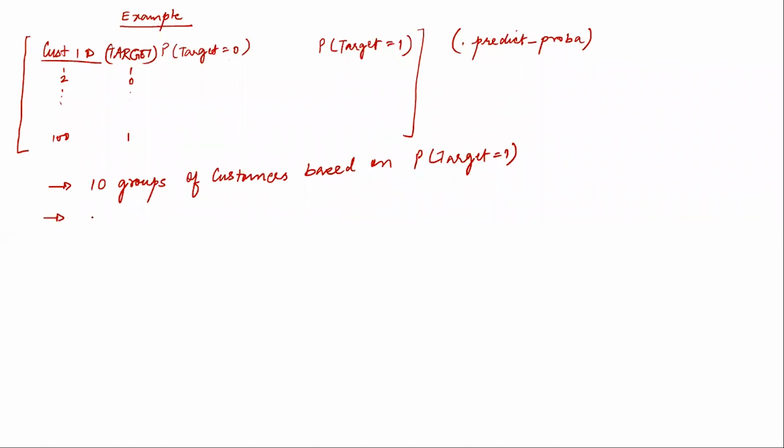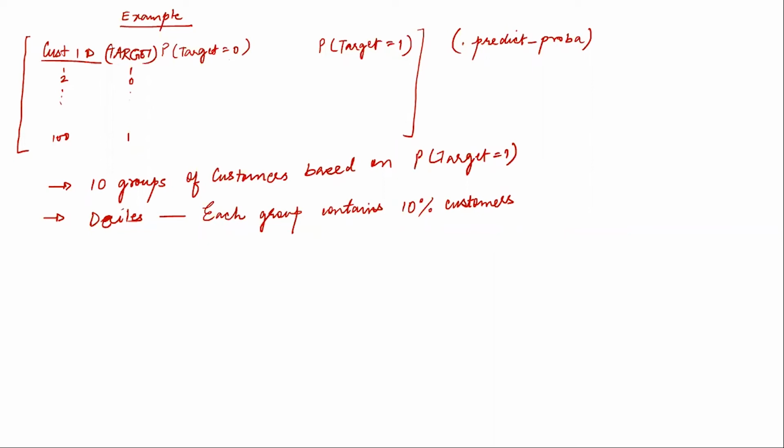These groups are called deciles, meaning each group contains 10% of customers. Did it make sense? Did it not make sense? Yeah, right. Everybody, it made sense?